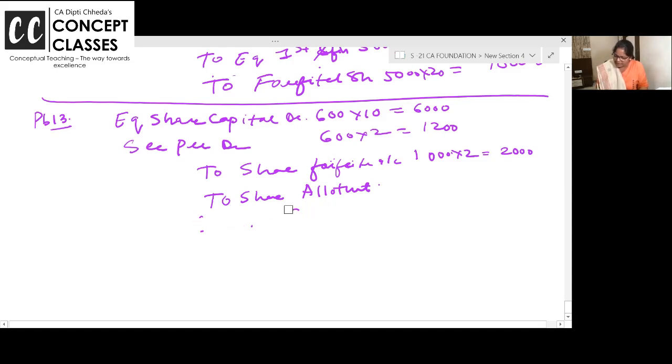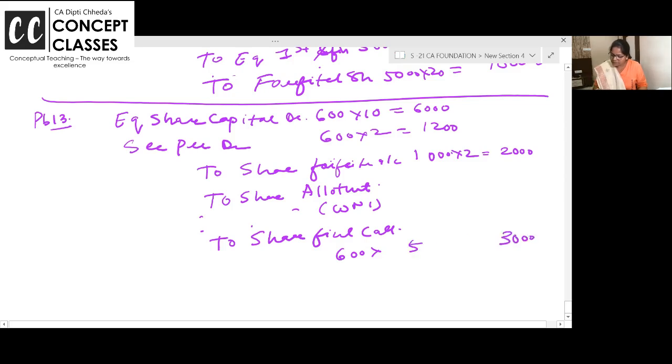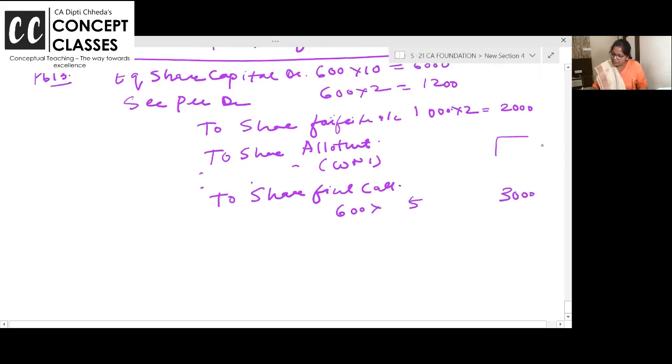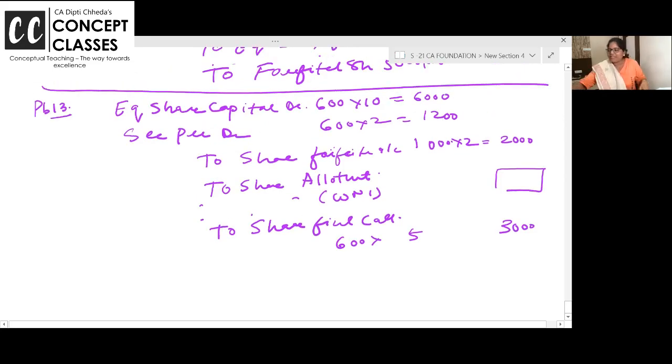Don't write like this. We'll write working note 1 और यहाँ पे लिख दो share final call. I'll explain you. आप लिख लो share final call 600 into 5, 3000. इसको बैलेंसिंग फिगर लिखो 7200 माइनस करके, I'll tell you the working. Nice problem.